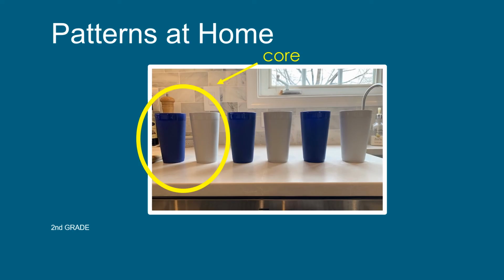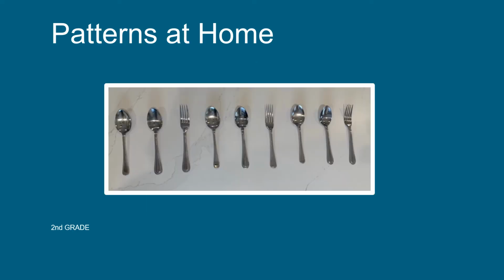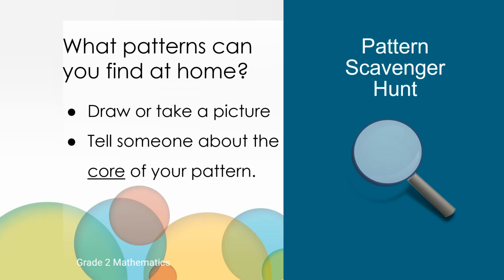Blue, gray repeats. Here is another pattern. Can you find the core? The core is spoon, spoon, fork. Great job! I can't wait to see what patterns you find at your home. Happy hunting!